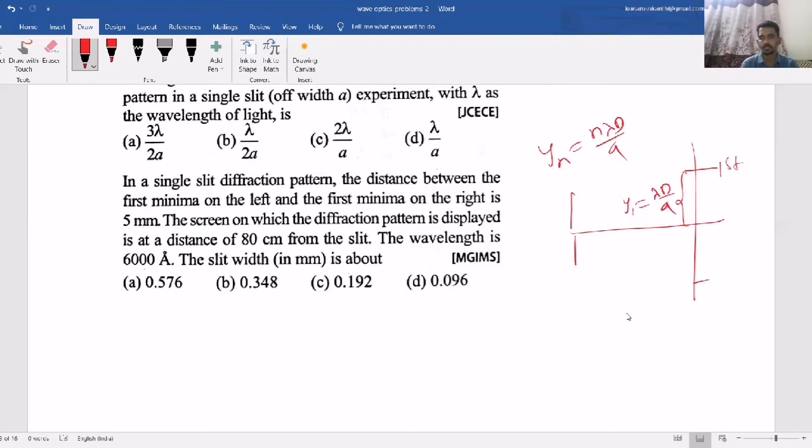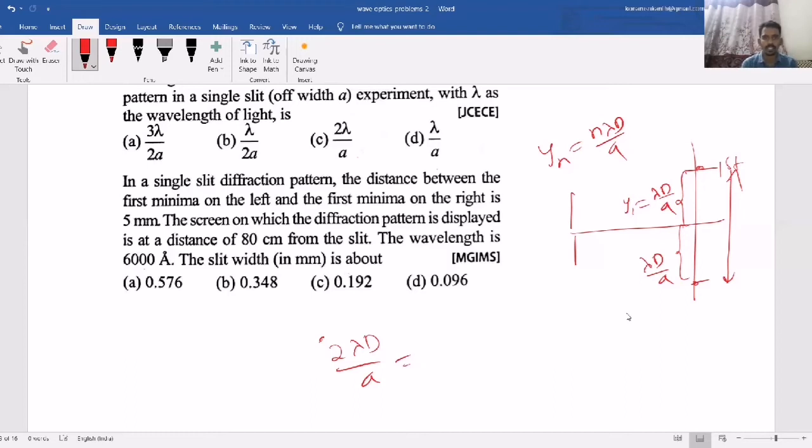And the other side is also lambda D by a. So the distance between the first secondary minima on one side and the other side is, according to the diagram, 2 lambda D by a. Nothing but the linear width of the principal maximum.